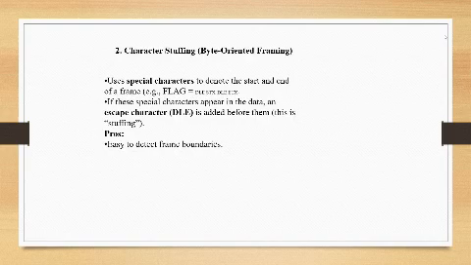It uses special character combinations like DLE STX and DLE ETX to show the start and end of a frame. If these special characters appear in actual data, we insert an escape character like DLE before them. This makes it easy to detect where each frame begins and ends.